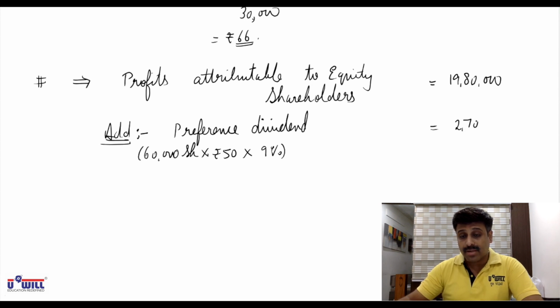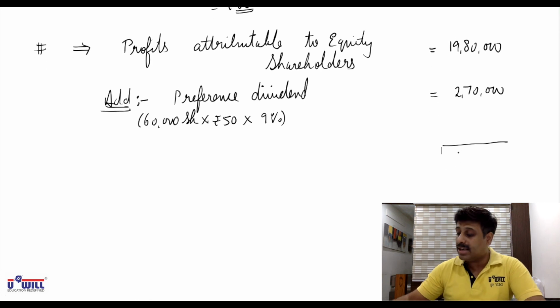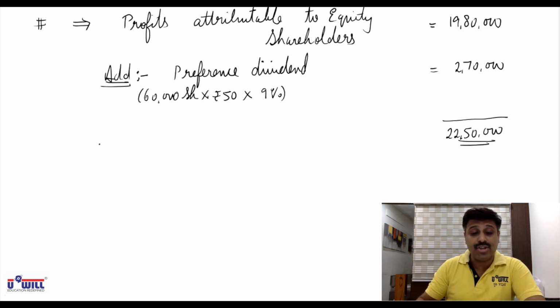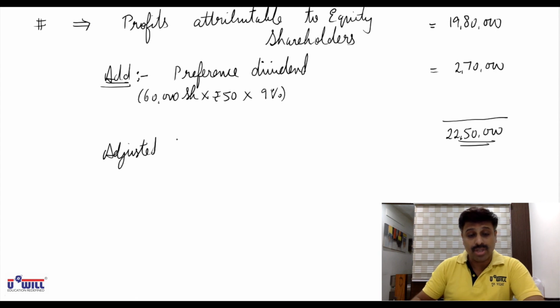So in future, when preference shares get converted into equity, we don't have to give them dividend of 2,70,000. So profits available for equity shareholders will be 19,80,000 plus 2,70,000, 22,50,000. These are the adjusted earnings attributable to equity shareholders.